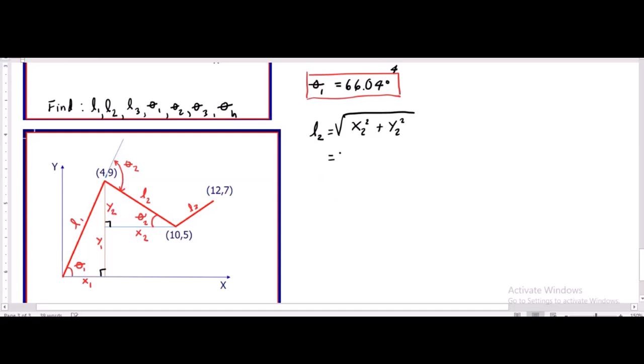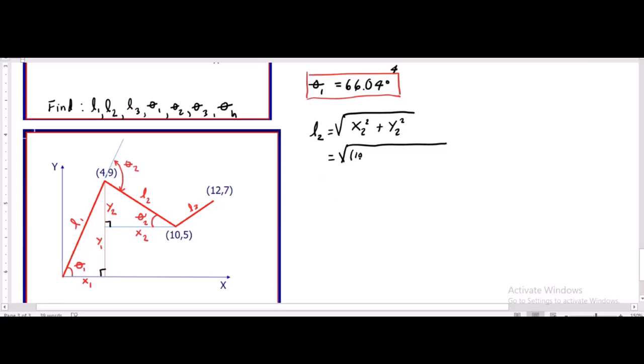How can we get the x2? So this is the x2. From here to here is x2. Okay, from here to here. So this point has 10. You can put here x2 prime, no problem, because this is x2.